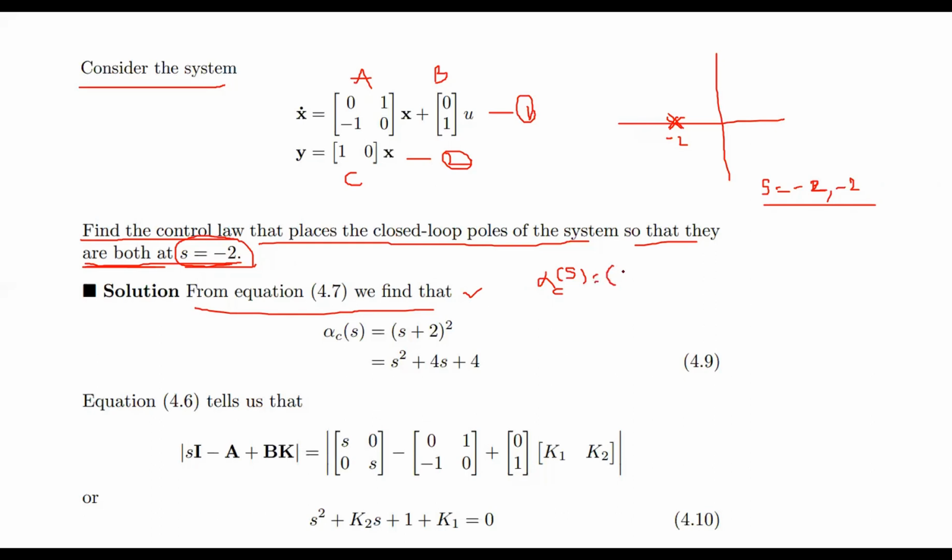S is equal to minus 2 and S is equal to minus 2. Therefore, I can write this as S plus 2 into S plus 2. Now if we multiply both the factors, S plus 2 whole square, we get the formula S square plus 4S plus 4.